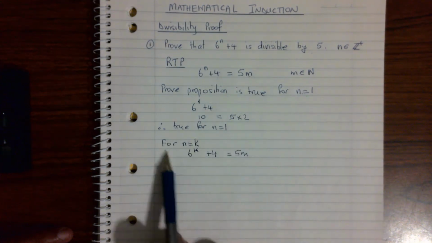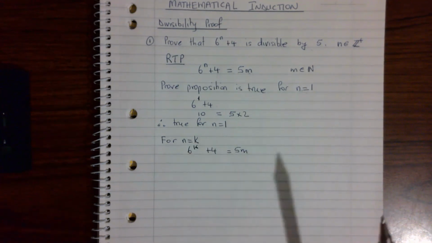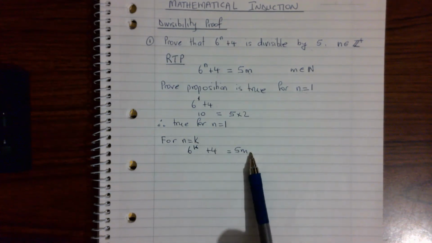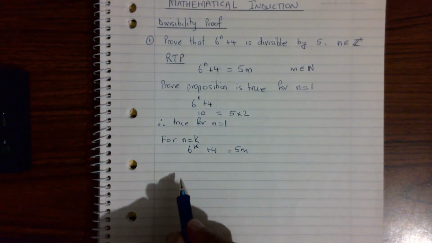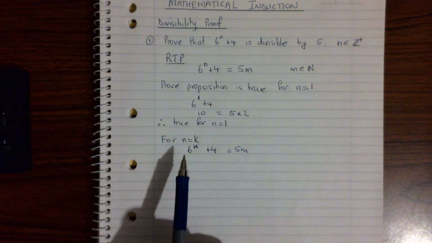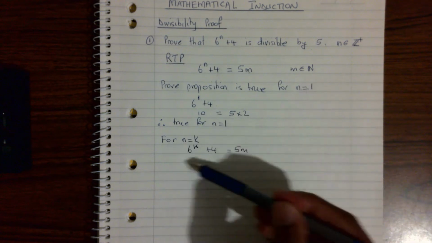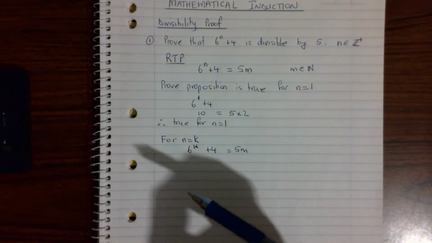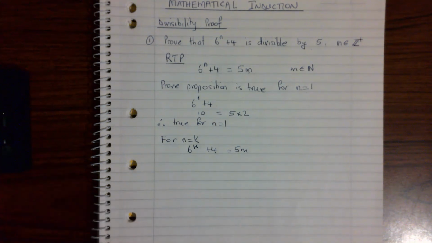So we're not really proving anything here, but we say for n is equal to k, for any number k, this is what your proposition looks like. Now, the next step is probably the most crucial one. If you could prove that n is equal to 1 works, n is equal to k, that's your proposition, and for n is equal to k plus 1, then you have proven this statement.